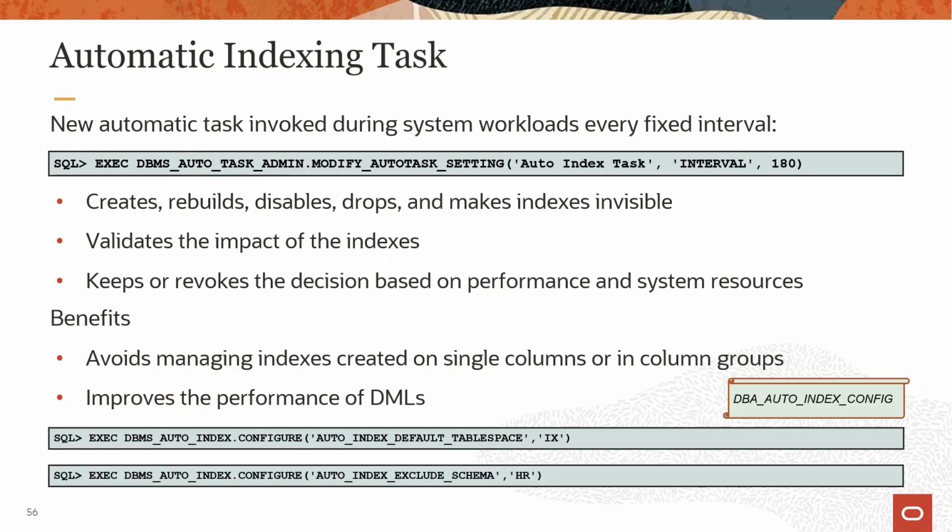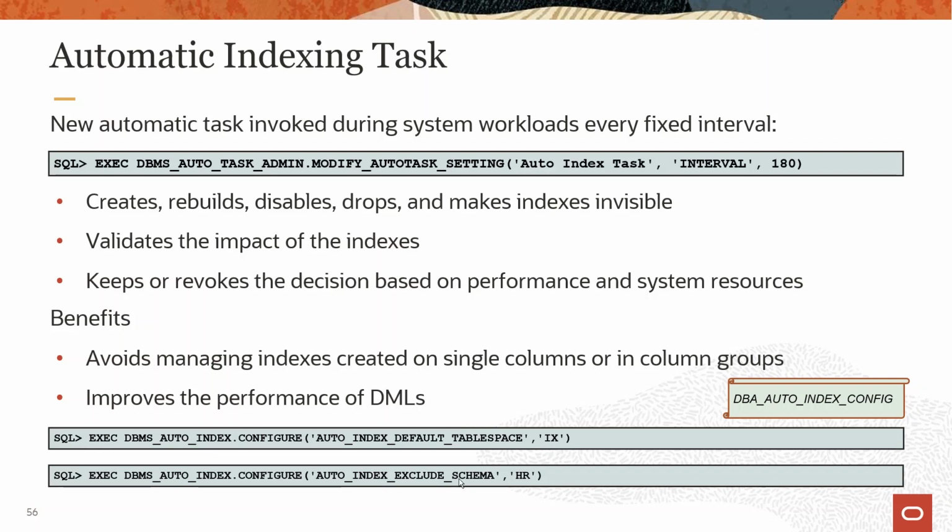However, the automatic indexing task itself can be configured via the package DBMS_AUTO_INDEX. And you can state, for instance: if you come up with a recommendation to create a new index and I would accept that recommendation, the index will be created, but I want the automatic indexes being created to be placed inside the tablespace IX.